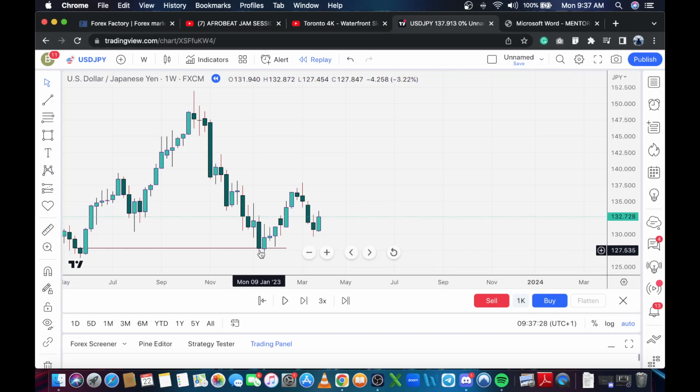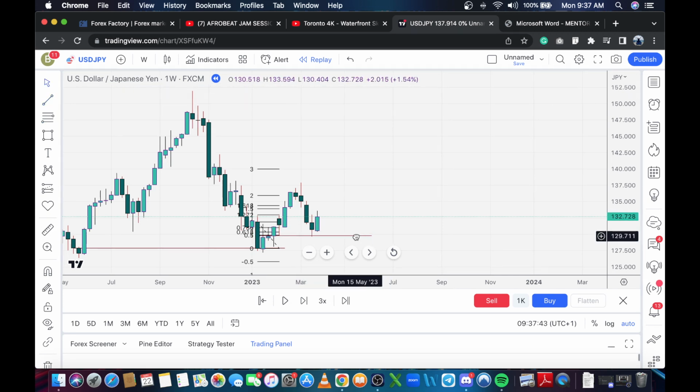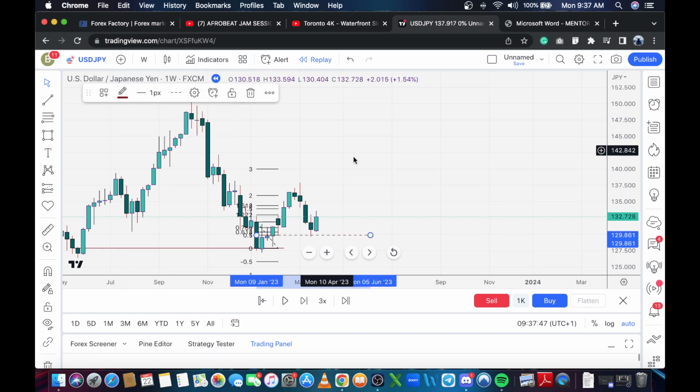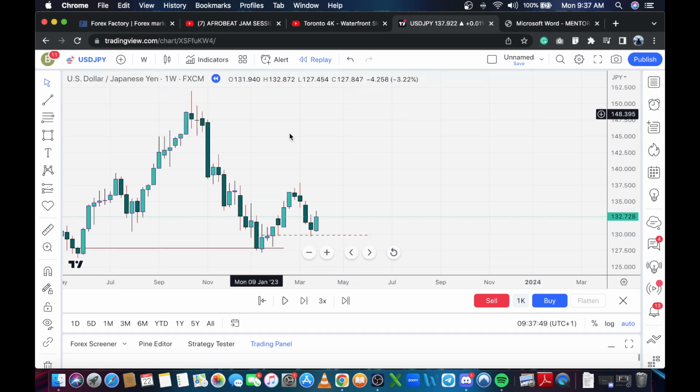Market trades lower here into this weekly bullish order block, and what I want you to take note of is the mean threshold of that bullish order block. So the mean threshold of that weekly bullish order block is here, and we're going to make it a dashed line. And we have a premium array here, which is an old weekly high right there.